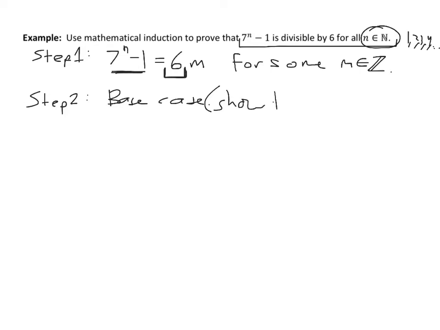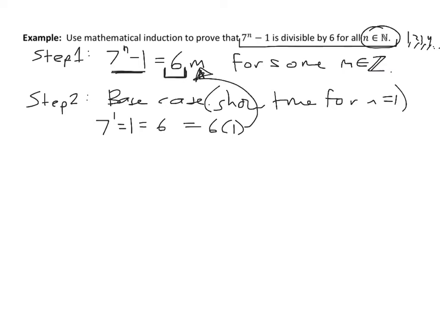To do this, I'd say 7 to the first power minus 1 is 6, which is 6 times 1. The reason I did the 6 times 1 thing is to exhibit what we were showing in step 1. We're showing that 6 is indeed a multiple of 6. Of course it clearly is, but it's nice for us to practice it here.